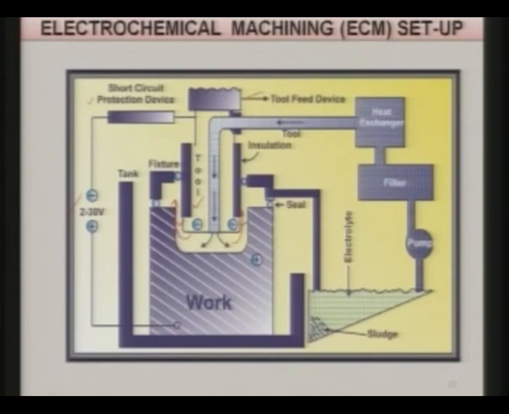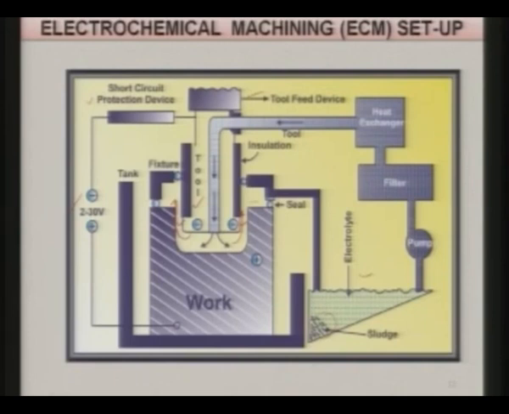Now, if you see on the other side, here is an electrolyte collection tank. At the bottom of this electrolyte storage tank, sludge is there, and this is the heavier particles or sludge that is formed during the electrochemical machining process.